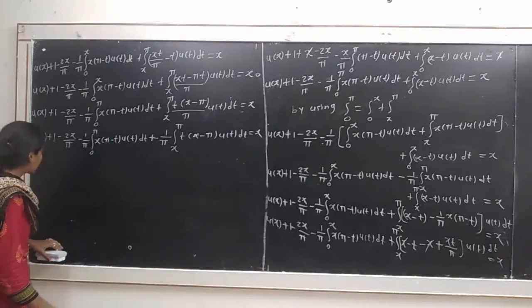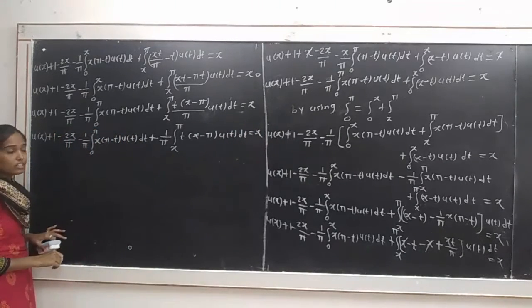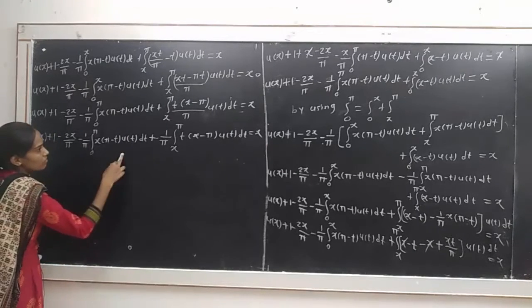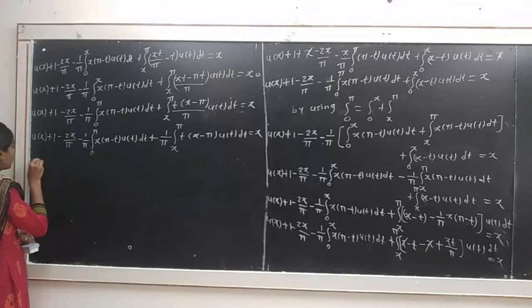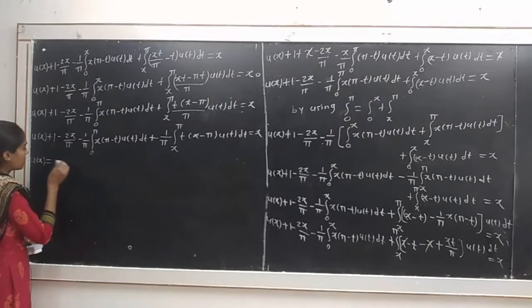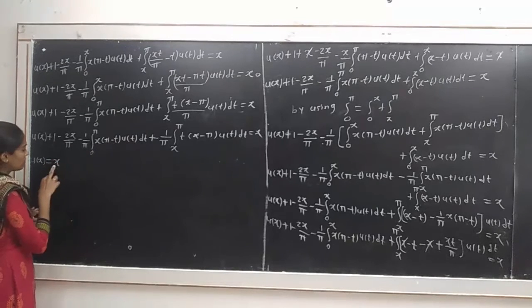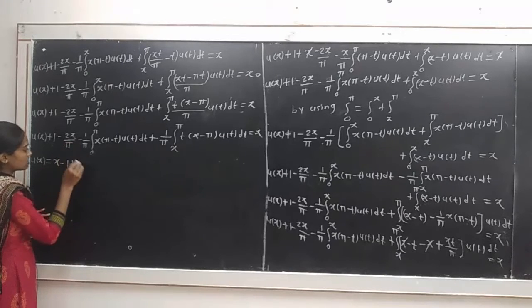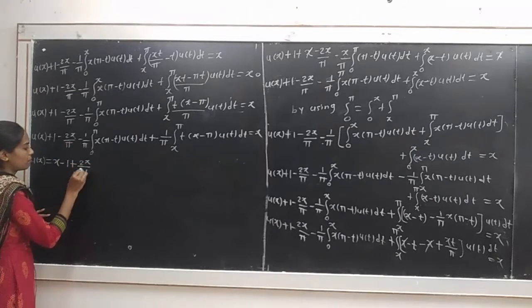Okay. Then we have to write this equation in Fredholm integral equation form. Therefore, we shift all these terms to the RHS. We get u of x is equal to, this plus 1 becomes minus 1. This x will be as it is, that is x minus 1 plus 2x divided by pi.